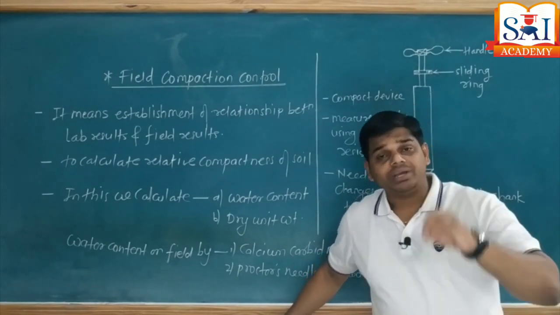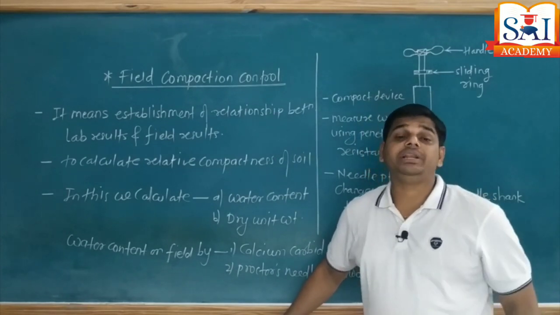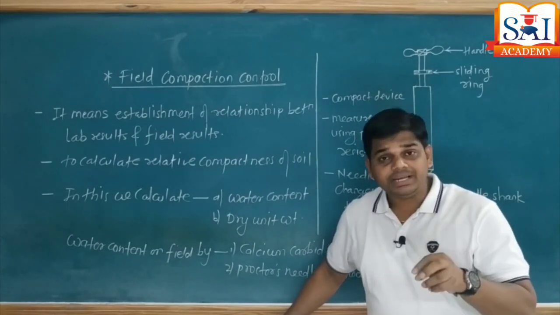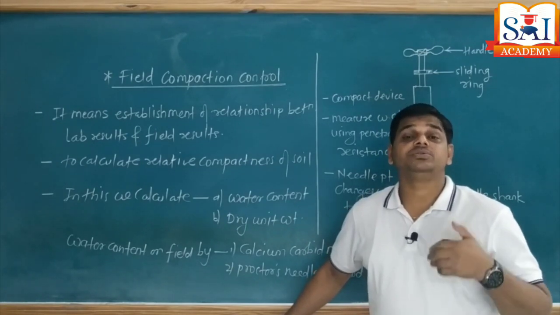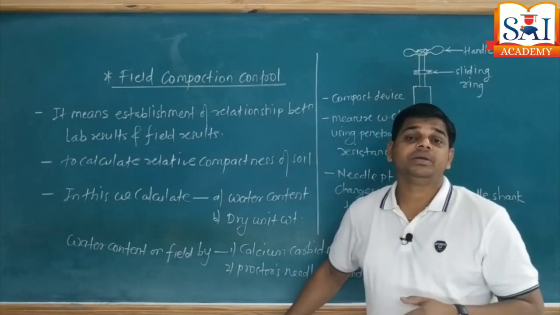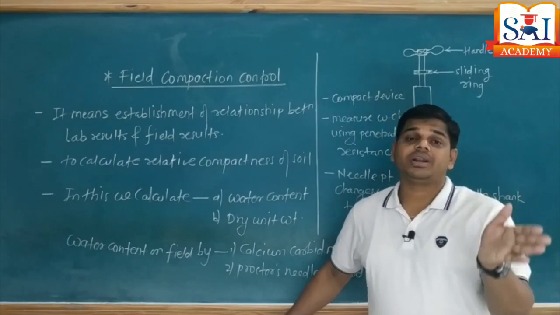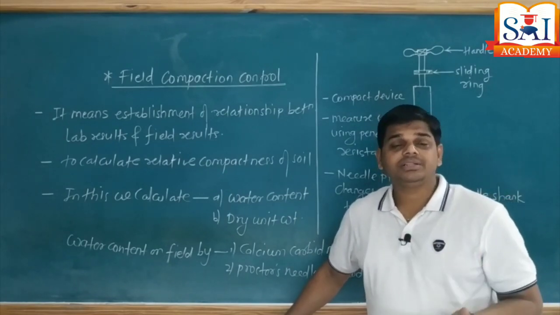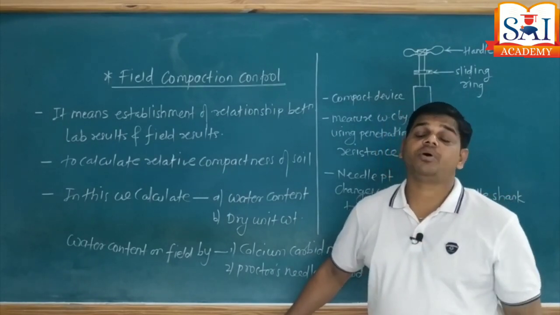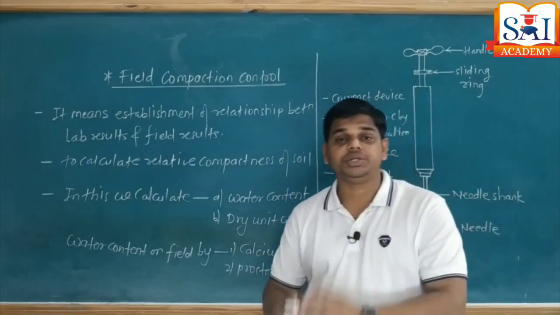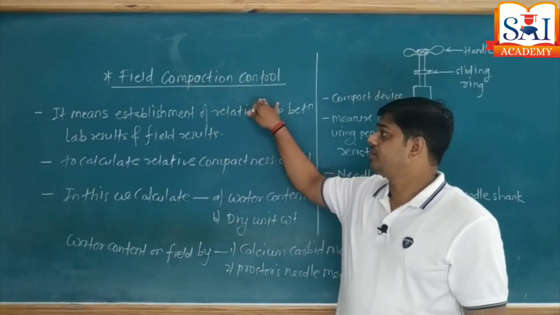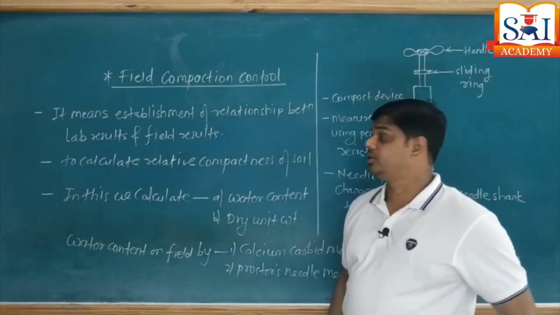When soil is compacted on the field in reality, is it possible to achieve that dry unit weight, yes or no? If yes, then it is called good compaction. If not, then we are lagging in the compaction process. That verification and establishment of relationship we call field compaction control.